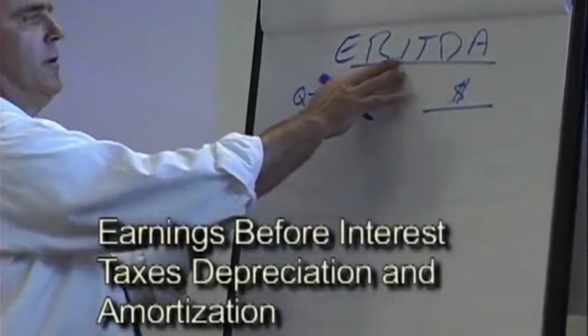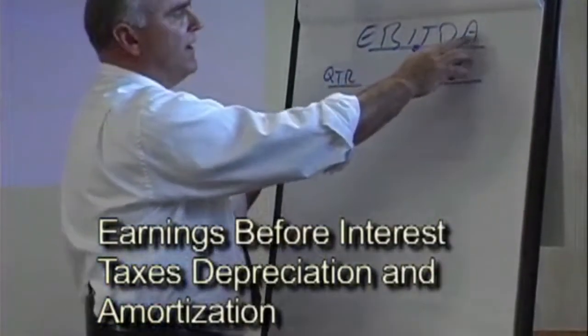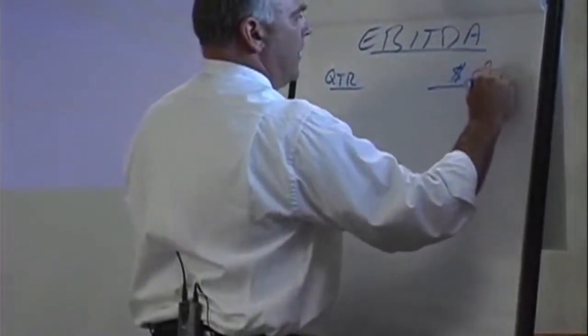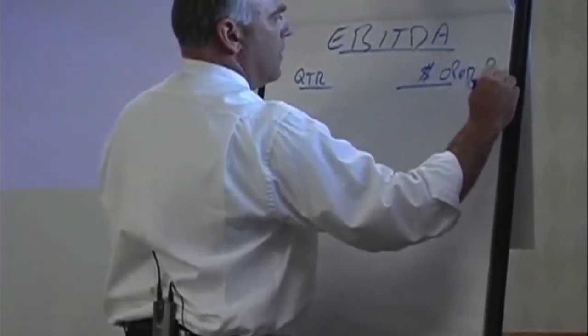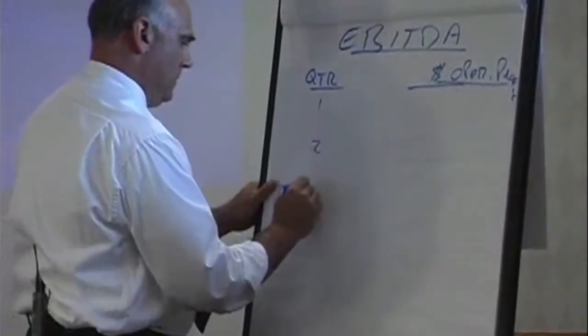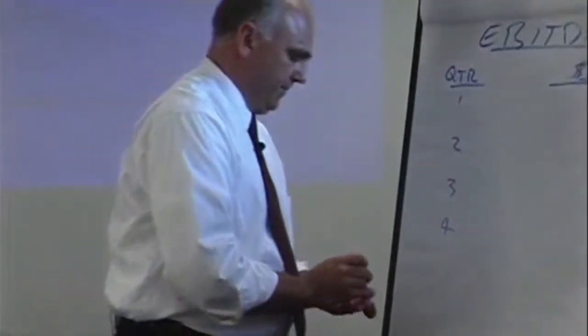EBITDA is earnings before interest, taxes, depreciation, and amortization. So what we're going to start with is the operating profit for each quarter to eventually get to EBITDA.